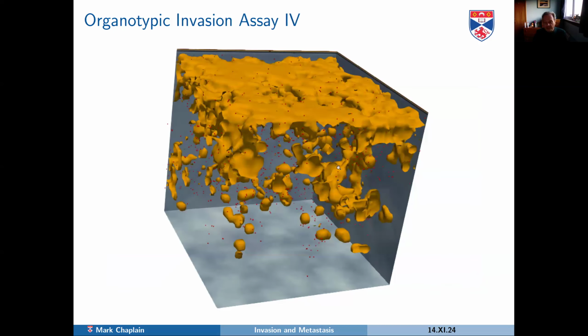And here's our full three-dimensional simulation. And we compared that with the real data. If you look at the paper we published, we've done an explicit comparison with the experimental data, and this is a very good match to the real data. This is a full three-dimensional simulation in a tissue of, I'd have to check the dimensions, but I think it's like 1 millimeter by 1 millimeter cubed.